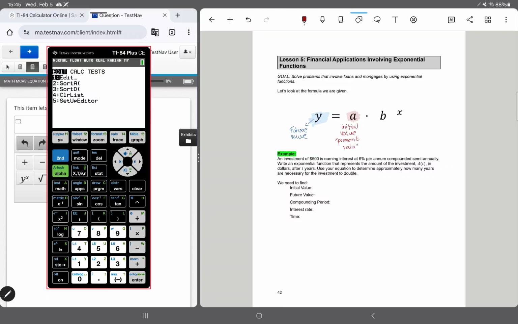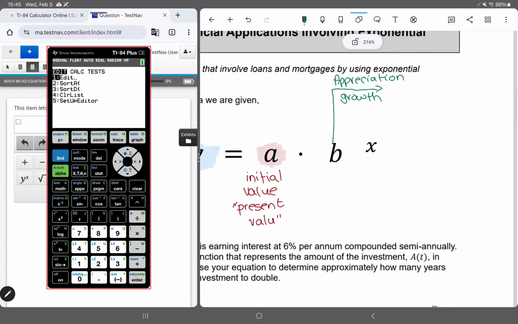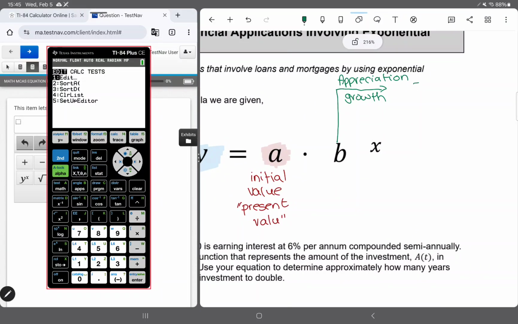B is the tricky one because it depends on what type of exponential function we're dealing with. So if we're dealing with appreciation or growth, then to find our B value, we have to go 1 plus whatever our rate of growth is.